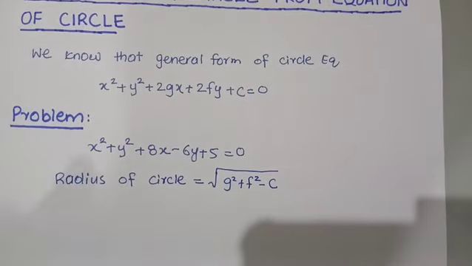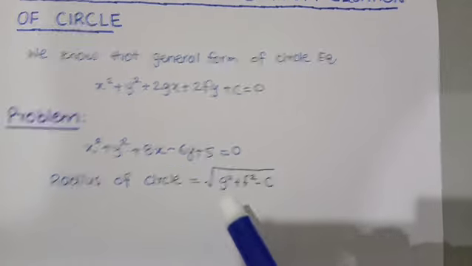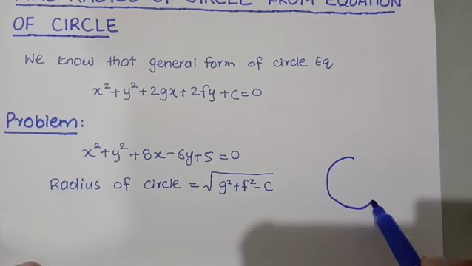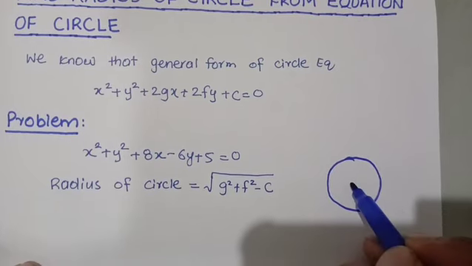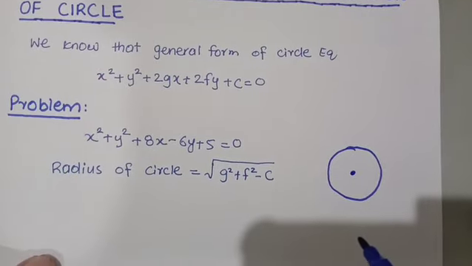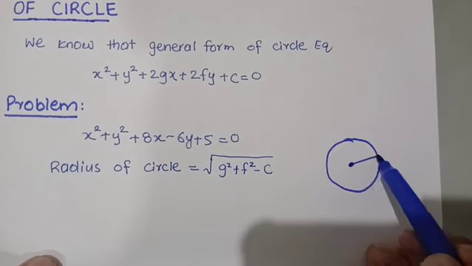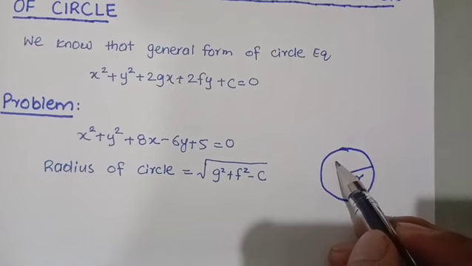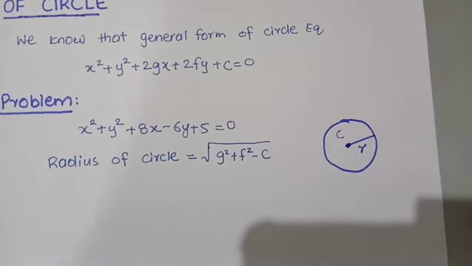So in order to get this g square plus f square, we first of all should know this is the circle, this is the center, and the distance from the center to any point on the circumference is the radius. We are willing to determine this radius, but first we will determine its center.